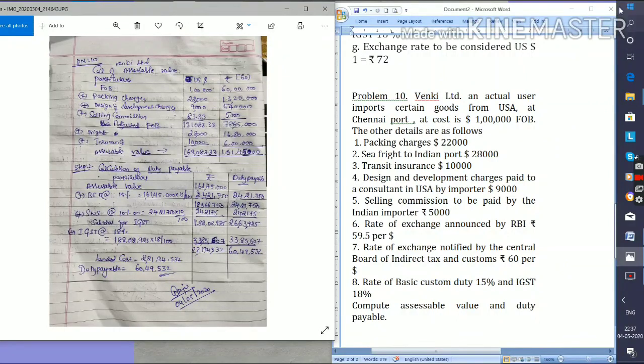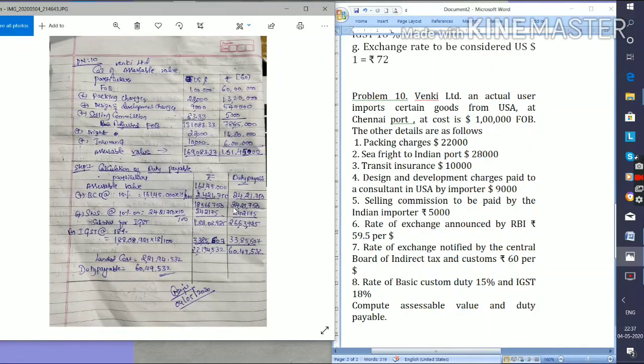And in both the columns, again add: 1 crore 61 lakh 45 plus 24 lakh 21,750, that is 1 crore 85 lakh 66,750.